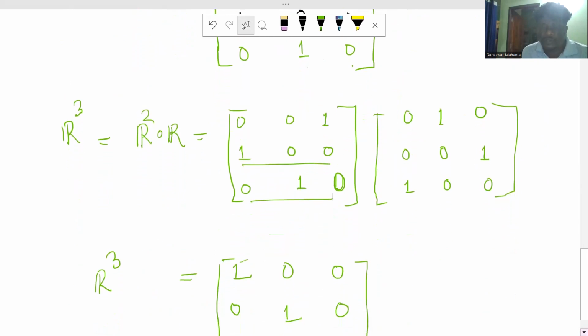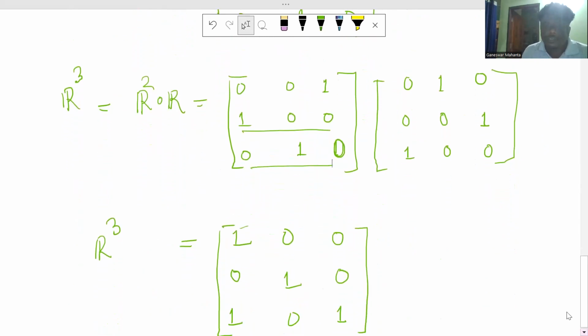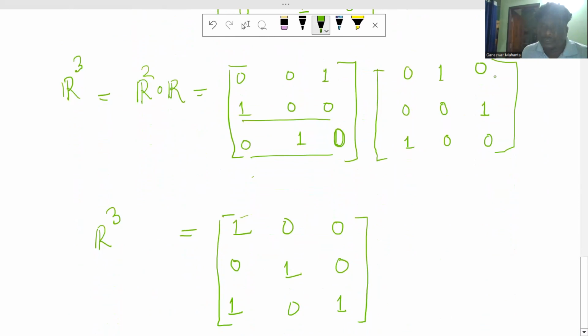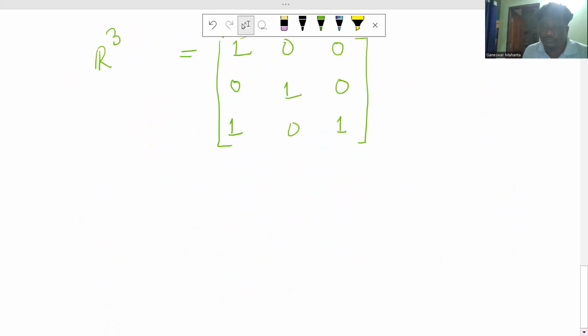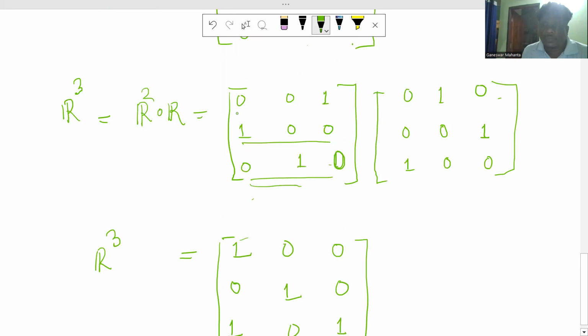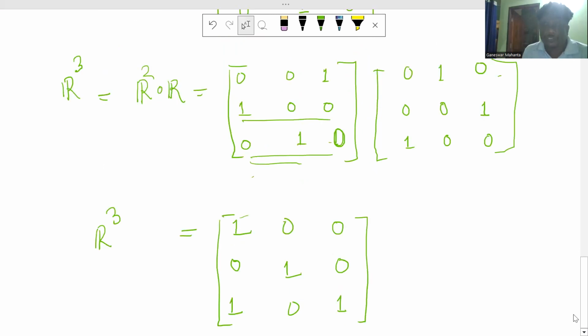So the last product is 0, 0, 1, and this is 1, 0. In the middle part, the value is 1. 0, 1, 0.